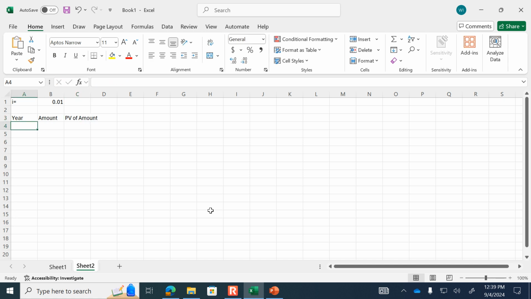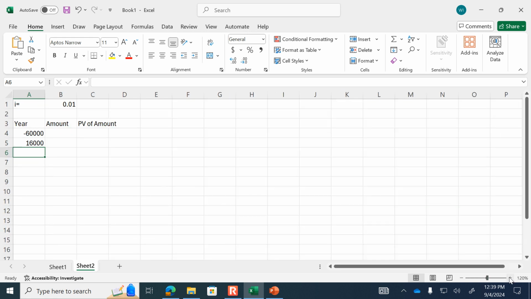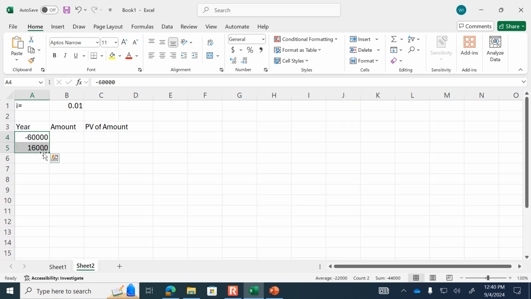And I'll translate the cash flow diagram so it's negative 60,000. And then I had inflows of 16,000 each year. I need to put the amounts here. Year 0, 1, and it continues down through year 5. And the amount of 16,000 also repeats.